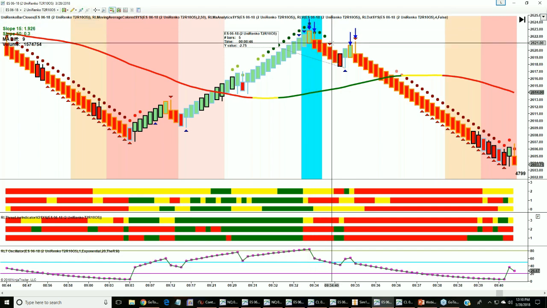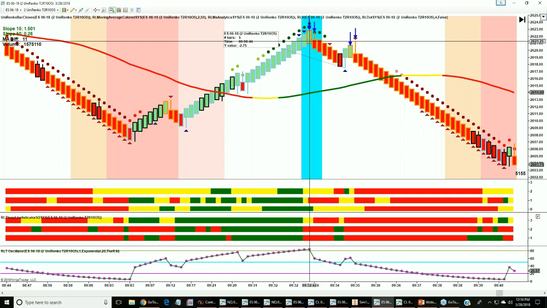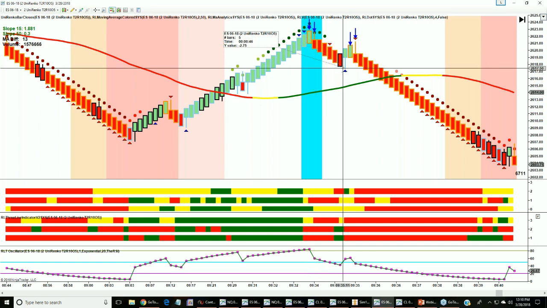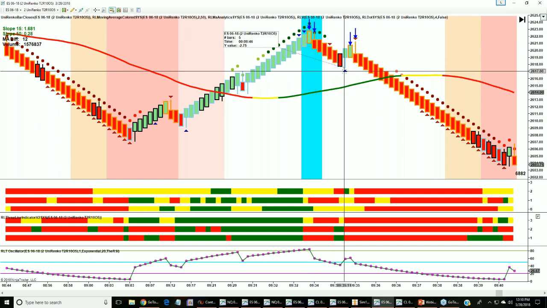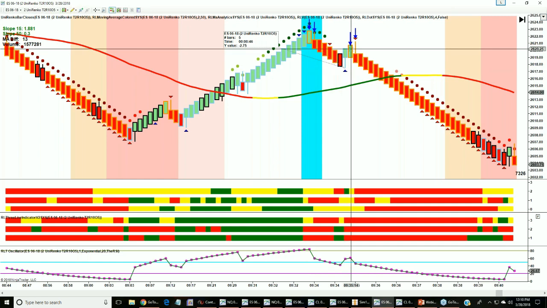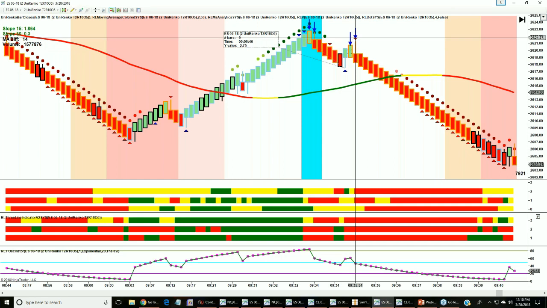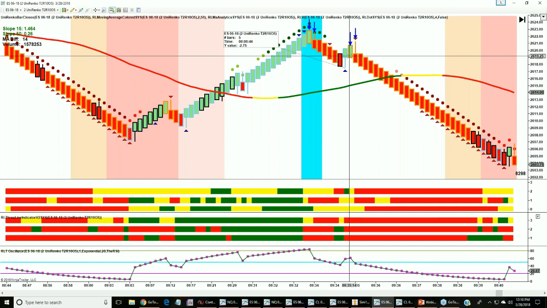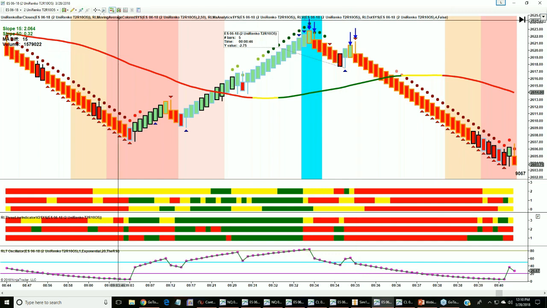You see the dots, but I got telegraphed by the 3 line, which turned first, and then I took this trade down for 2 3/4 points. Then we got a pullback, another oscillator signal, again telegraphed it down, the 3 line turned first, and this one went forever.